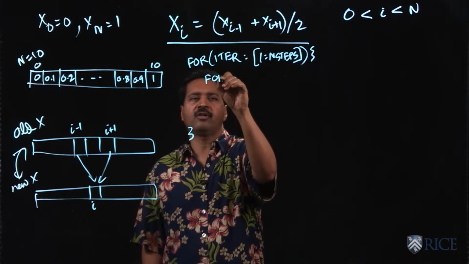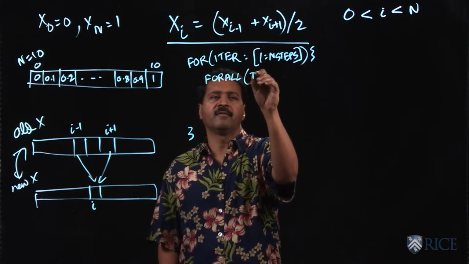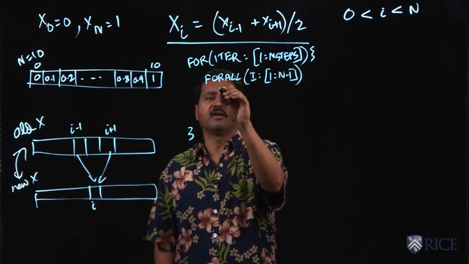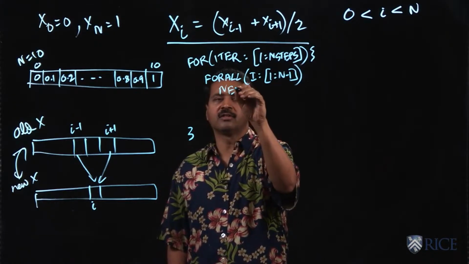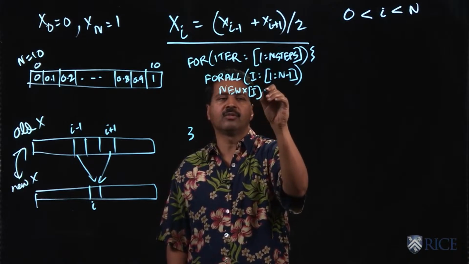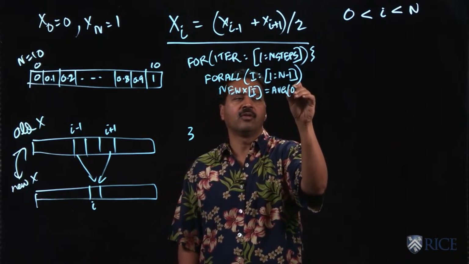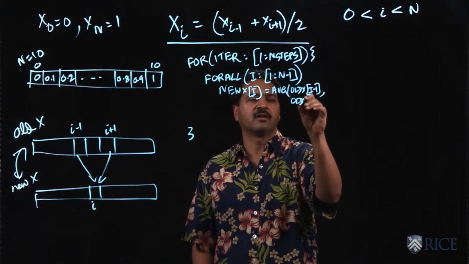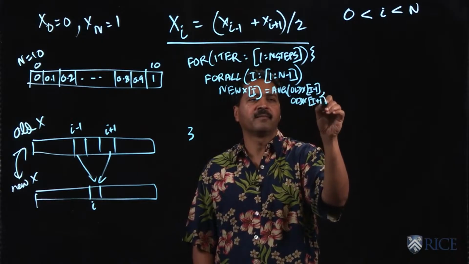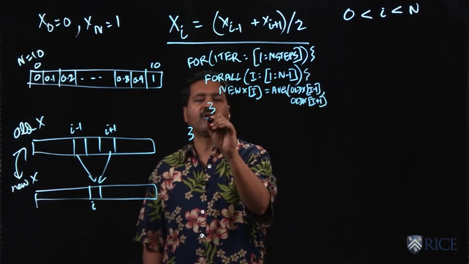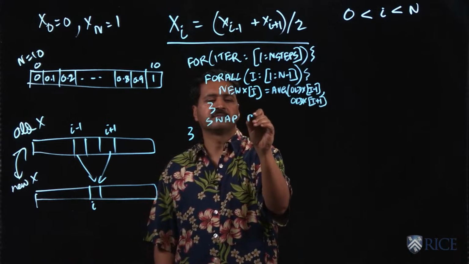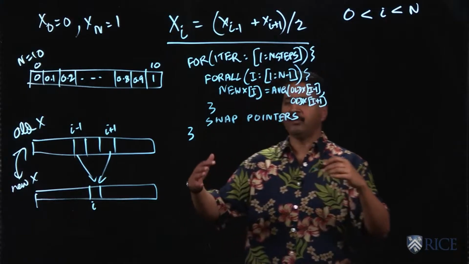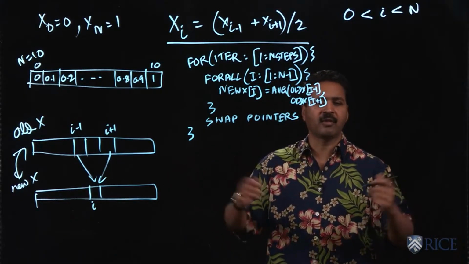So we can have a forall for i that goes from 1 to n minus 1 and does the update with new x i equal to, and I'll just write the average of old x i minus 1 and old x i plus 1. And when we're done with the forall, we have to swap the pointers.